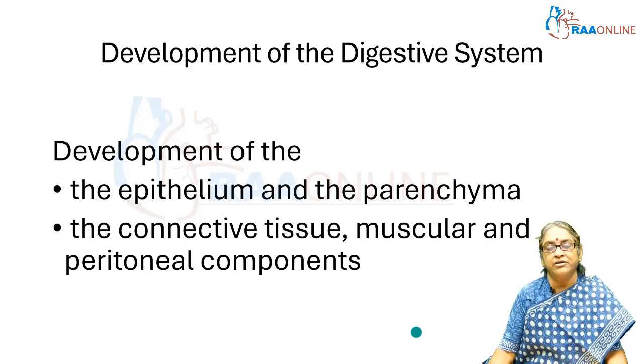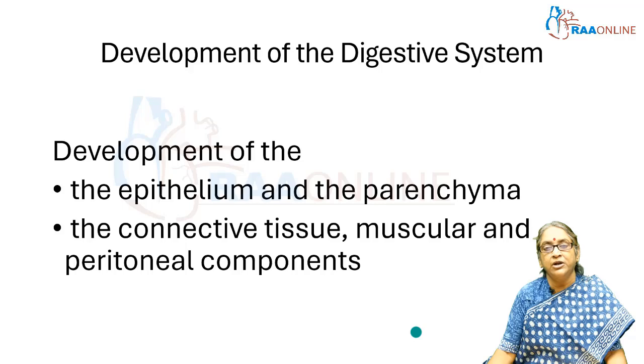And from the mouth to the anus, it runs through and through. However, the dimensions of the tube are not the same. In certain parts of the tube, we find dilatations, convolutions, and so on.